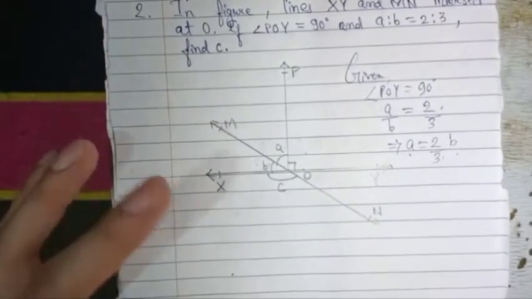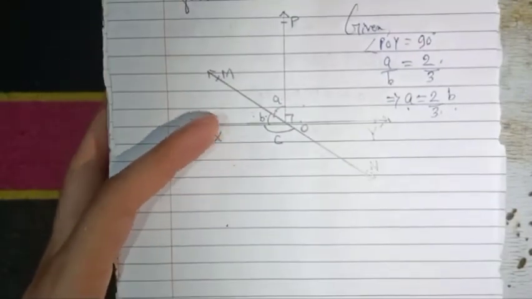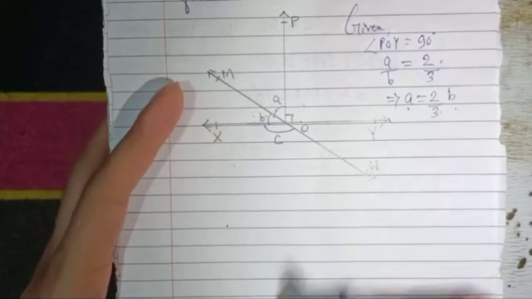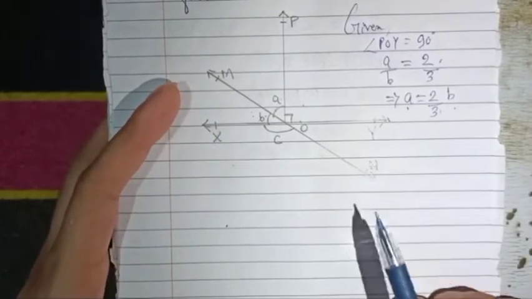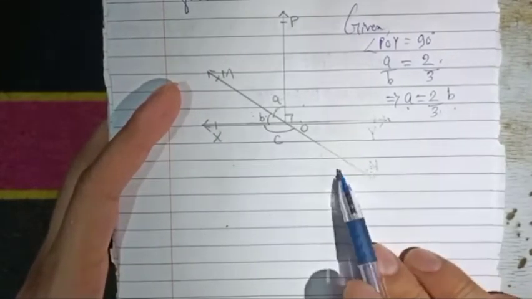Now we will write the straight linear pair property.